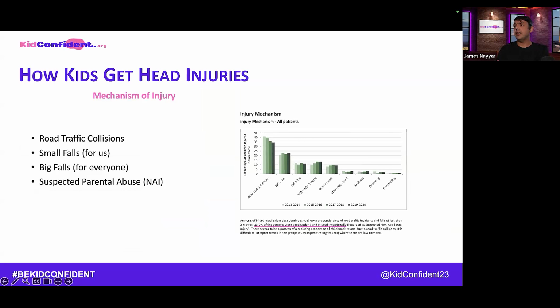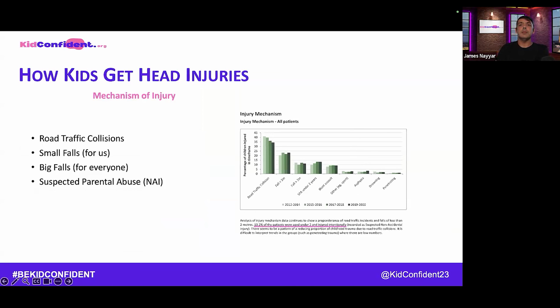So how kids get head injuries, there's more data from TARN. It sort of shows us that road traffic collisions are the most common mechanism of injury, followed by small falls, so that's under 2 meters. But obviously if you're a little kid, 2 meters can be quite a lot. And then bigger falls for everyone, which is over 2 meters.